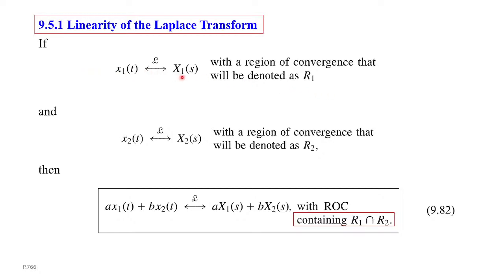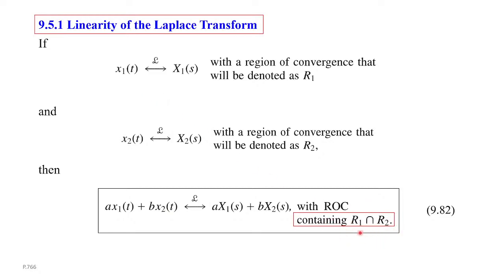When you add two signals together, the Laplace transforms add together, but the ROC should be the union of the ROCs of those two. Although there might be some weird cases when they cancel each other, we pretend they don't exist.